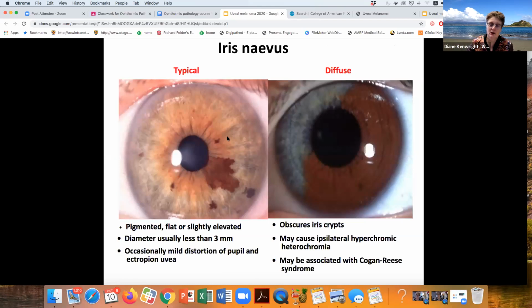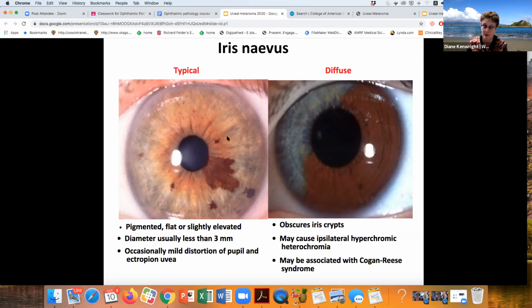So iris melanoma versus iris nevus can be a real problem. Often, what we need is some really good clinical information to help us decide, okay? If you could send us pictures, that would be great. We're particularly interested in the lifespan of the lesion and its natural history.